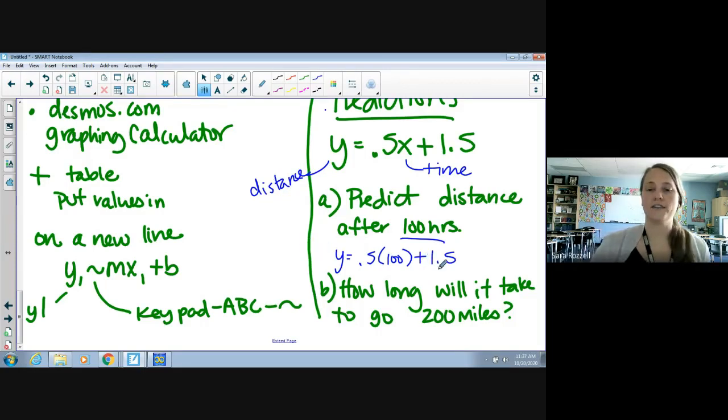That equals 51.5. And what is our distance measurement in? Miles. So 51.5 miles after 100 hours. This must be like a snail or something.